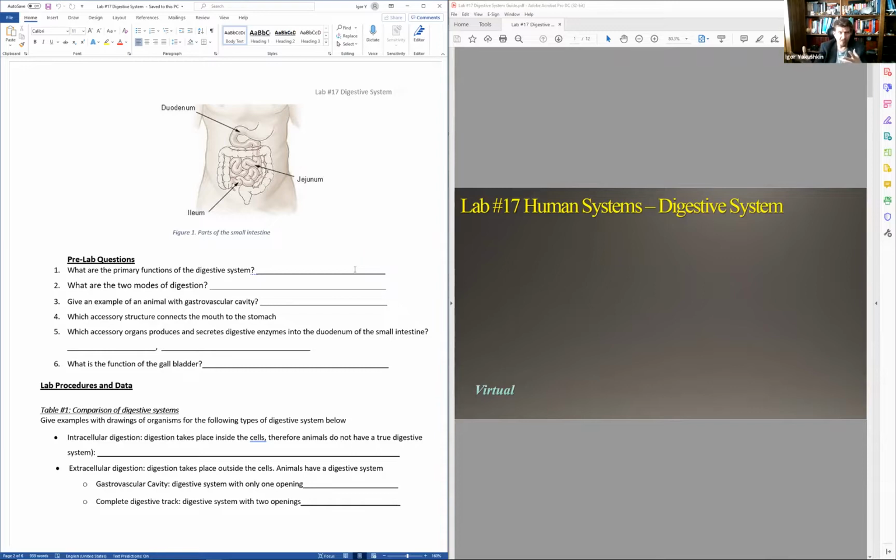We're talking about polysaccharides, proteins, fats, as well as nucleic acids, into smaller particles, into building blocks: amino acids, simple sugars, fatty acids, and nucleotides. And then it will be absorbed. So intracellular digestion and extracellular digestion. Make sure you understand the difference between the two of those things.